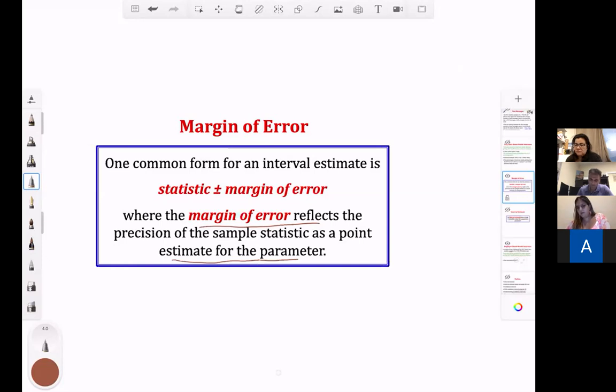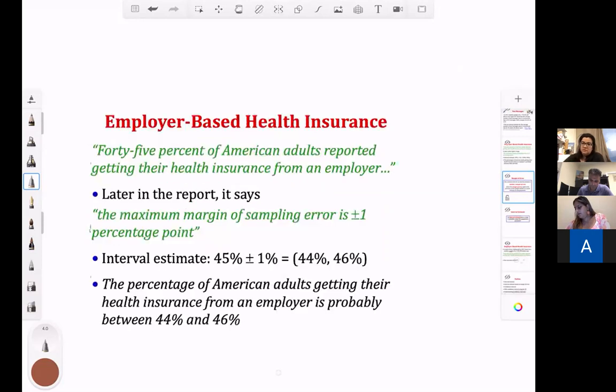So let's go back to that question. Now we have interval estimates. It's 45%. Later in the report, and this is important, they said the maximum margin of sampling error is plus or minus 1%. So 45% plus and minus 1%. If this is, for example, 45%, they said plus 1% and minus 1%.